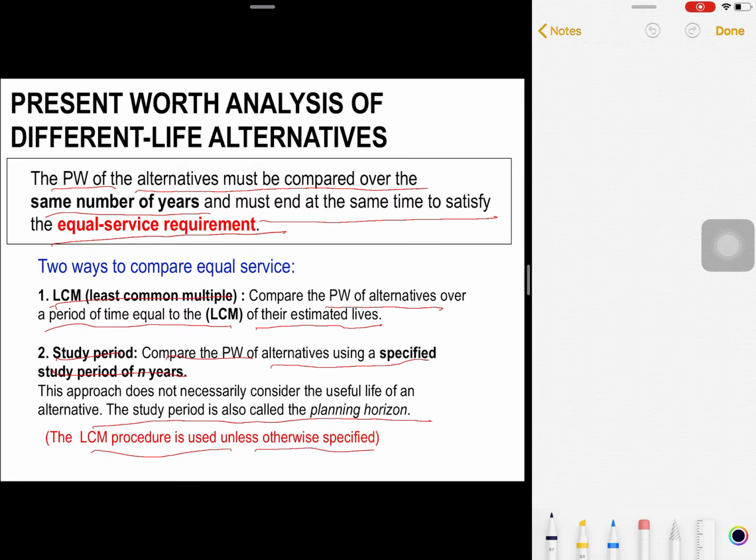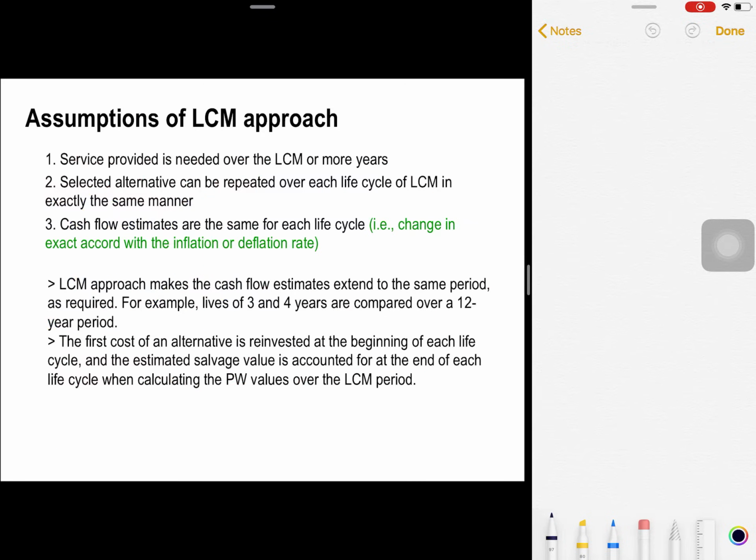And as a rule of thumb, the LCM procedure is used unless otherwise specified. This is fundamental in engineering economics: LCM is to be used in the analysis unless specified otherwise. So the assumptions of the LCM approach are that the service provided is needed over the LCM or more years.